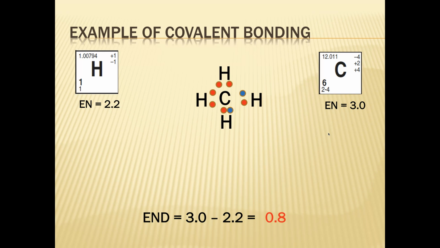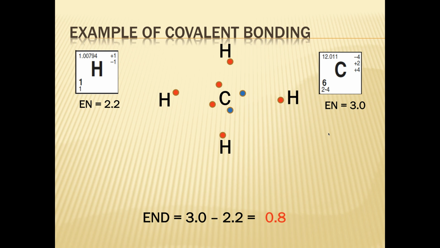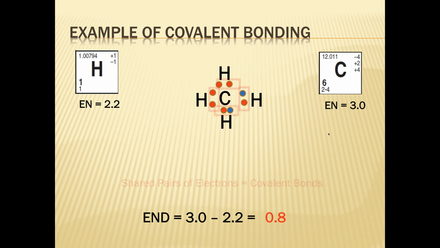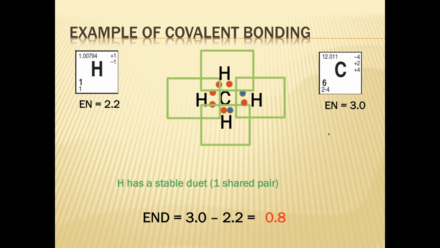So when you draw the dot diagram of carbon for the purposes of bonding, put 1 dot on each side. And then when the bonds form, the carbon will be satisfied with its stable octet. We have 4 pairs of shared electrons, so we have 4 covalent bonds. The carbon is happy with its stable octet, and the hydrogens are happy with their stable duet.